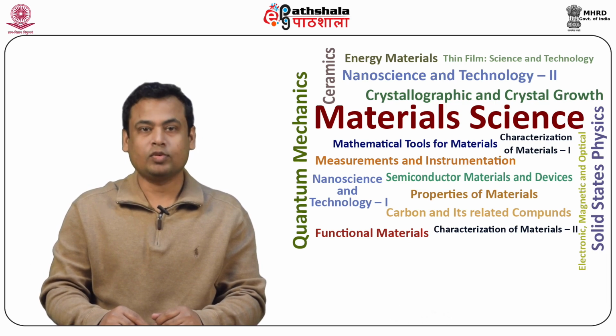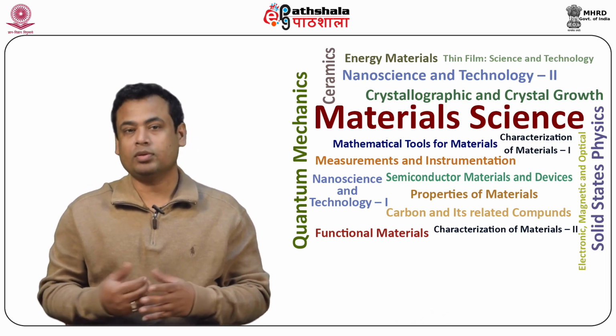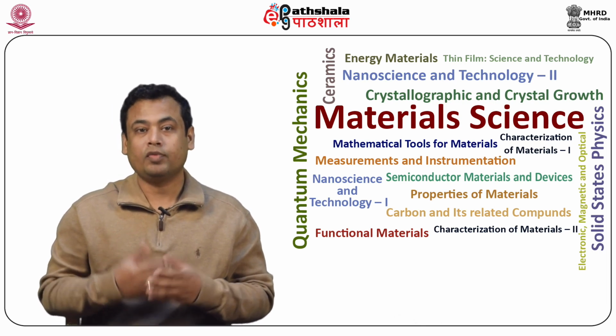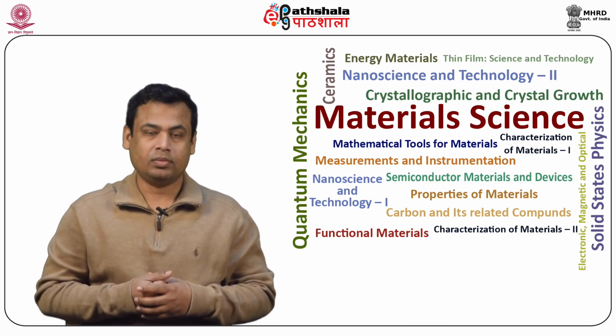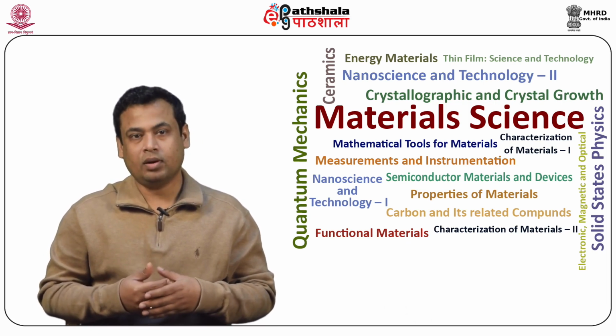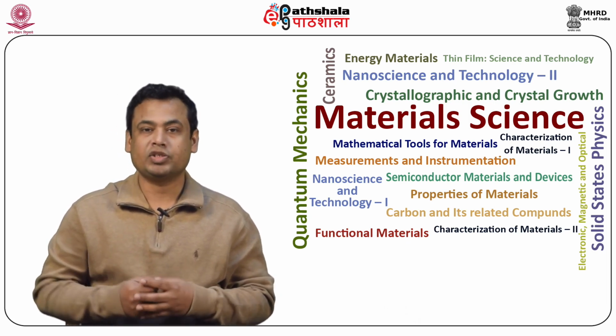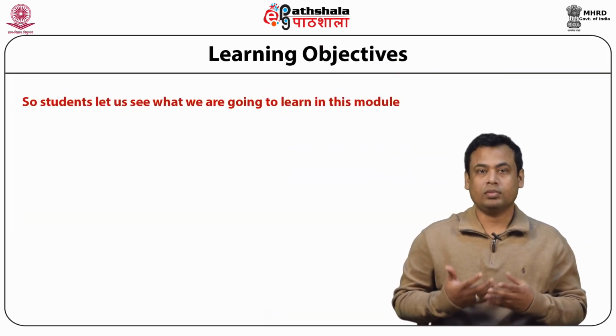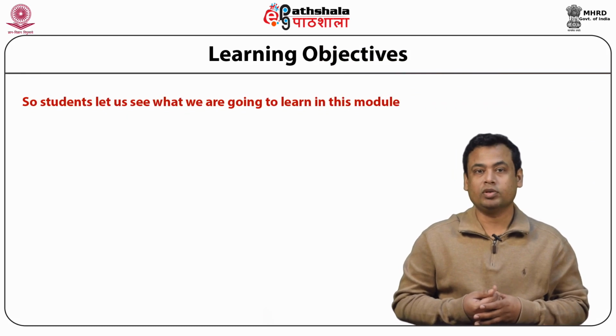Today we are going to discuss a module named Instrumentation for Fluorescence Spectroscopy, which belongs to the chapter Luminescence under the paper Characterization of Materials 2. So students, let us see what we are going to learn in this module.